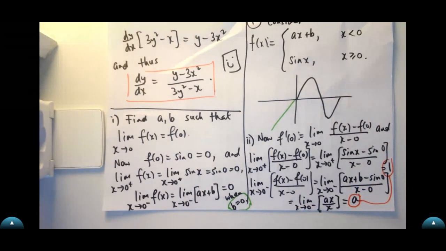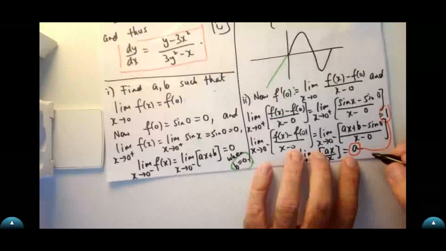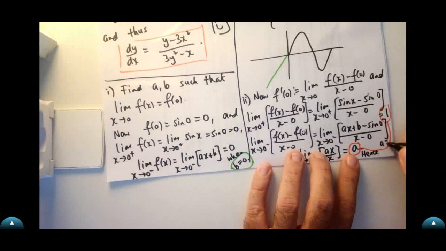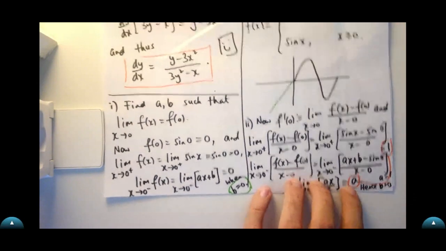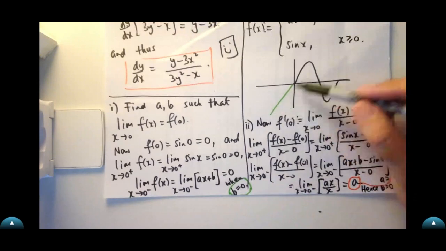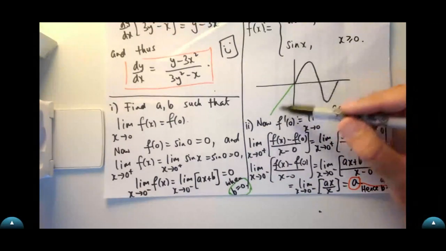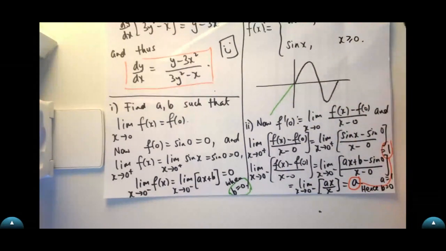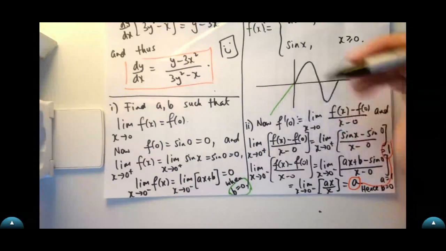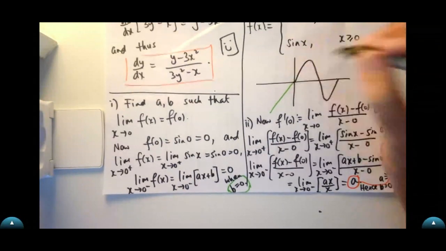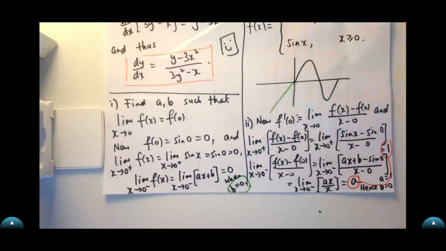Let me see if I can just squish it. A equals 1, b equals 0. Squished it in. And if you look, that's kind of what you would expect from this graph anyway, right? If you want that nice smooth transition, you've just got a basic function there, like y equals x.